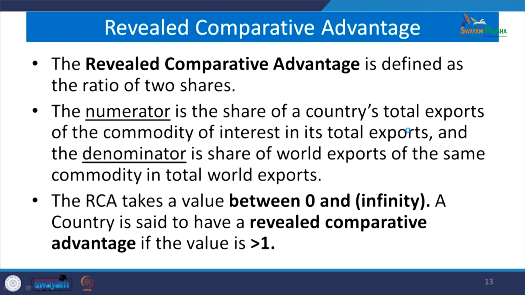So, this is what I have explained here. The numerator is the share, I have already discussed this, go through this carefully, you will be able to understand in detail. One thing to be noted, RCA takes a value between 0 and infinity. Country A is said to have a revealed comparative advantage if and only if the numerator is greater than that of the denominator.